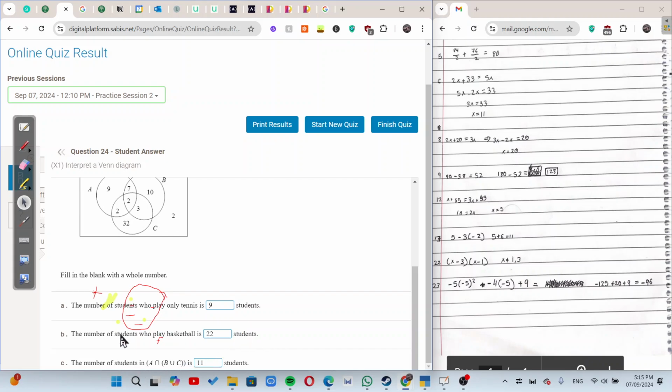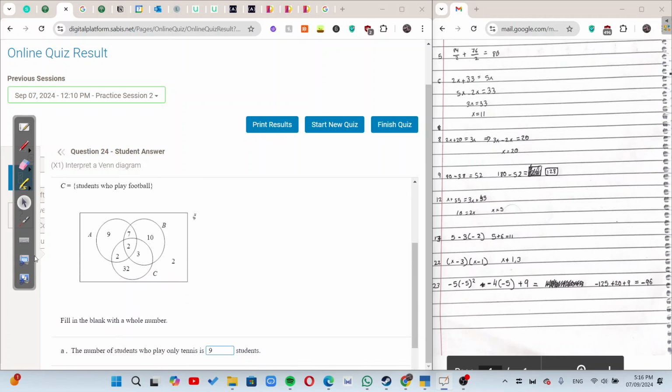Now the number of students, okay, I'm gonna erase my notations. Now it's telling you the number of students in A intersecting with B union C. Now first, I'm gonna highlight B union C. So everything in here and in here is B union C. So I'm just gonna shade it really quick.